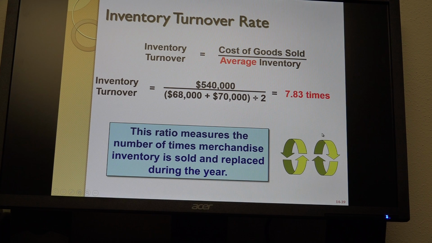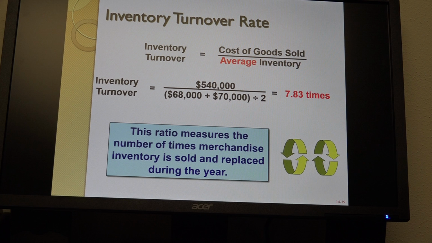Inventory turnover rate. This measures the number of times merchandise is sold, and then you know, you have inventory that turns into receivables and then eventually turns into cash. This tells you how many times during the year that inventory is sold and replaced during the year.